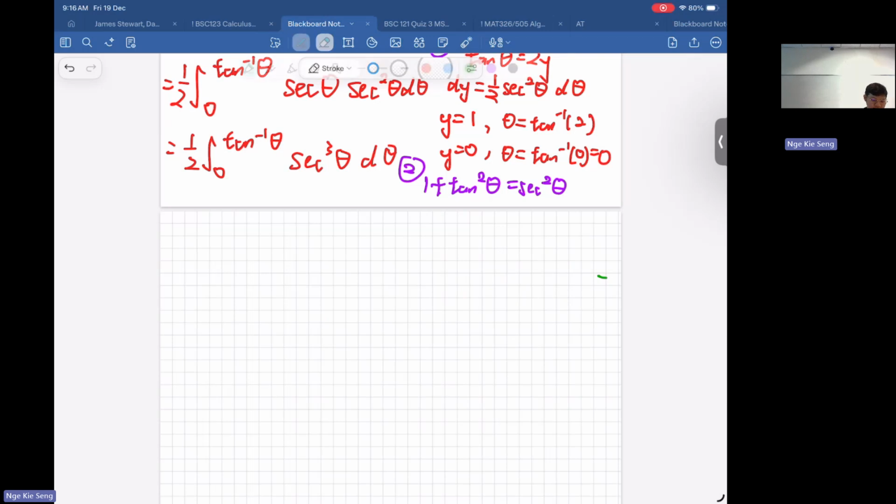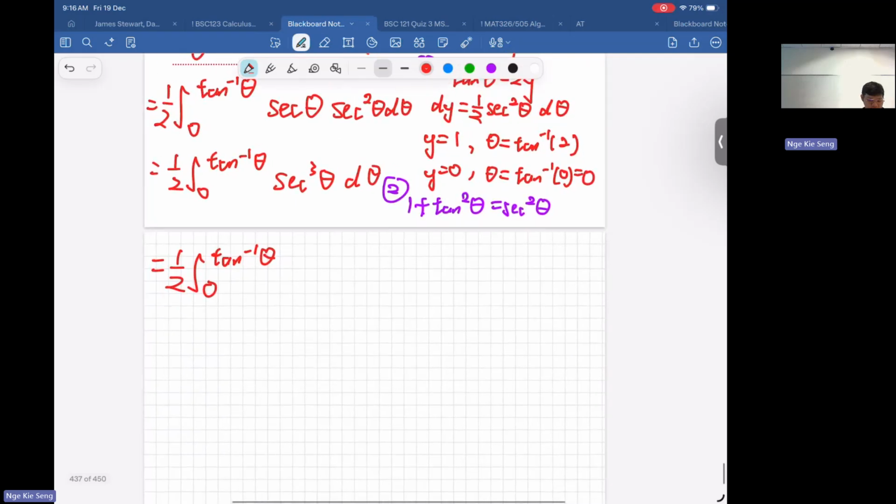Okay, so what you can do, if the substitution rule doesn't work, is use the trig identity first. So make it like 1 plus tangent square theta, for example.